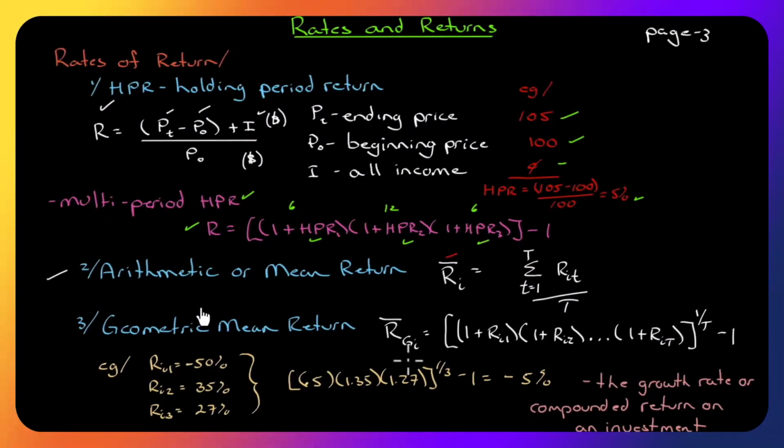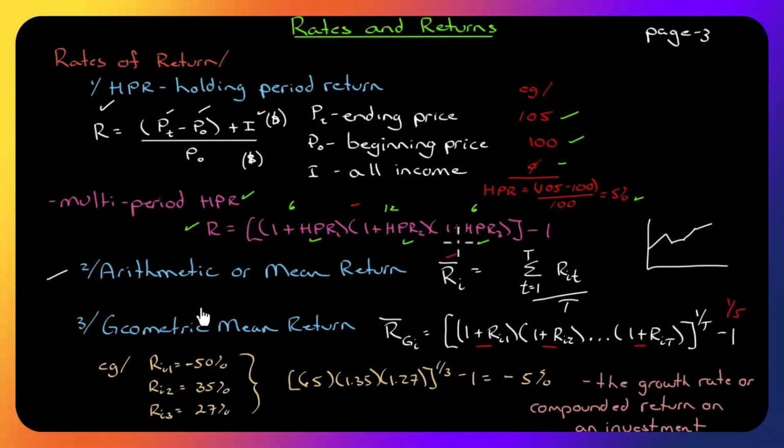A geometric mean return is, we've seen this in the holding period return up here, is you just chain multiply a bunch of returns, take the root 1/t, or if t is 5 years, that's just saying take the 5th root. Taking the 5th root is the same as putting it to the power of 1/5. So let's say that we have a return series that looks like this. In year 1, we made this, year 2, this, year 3, this, year 4, that, year 5, this.